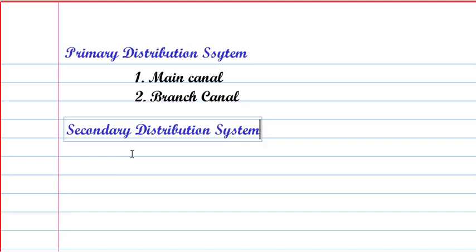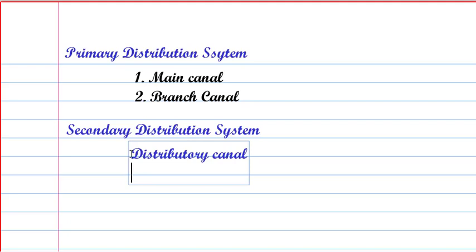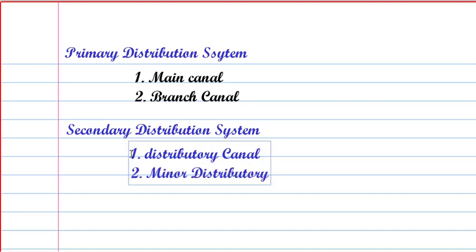And in the secondary distribution system there are two components. First one is distributary canal and the second one is minor distributary or minor distributary canal, you can call it both.